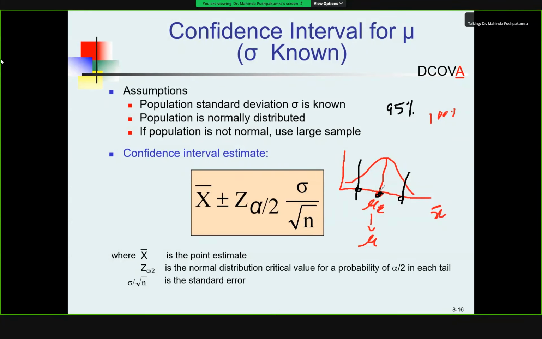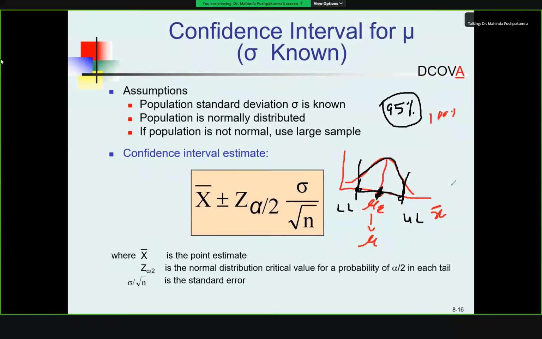Now in the sampling distribution, the mean is here. Then you want to make a confidence interval, that means the lower limit and upper limit at 95% confidence level. That means 95% of sample means are within this range.